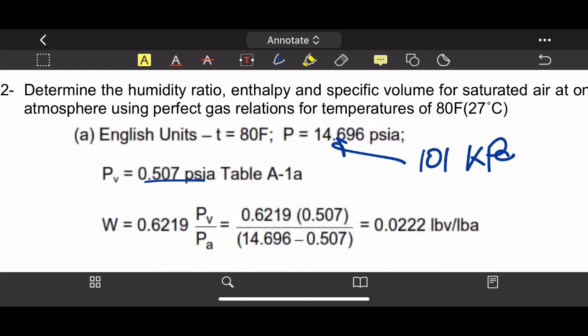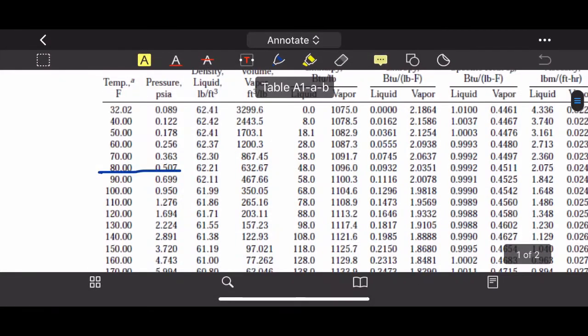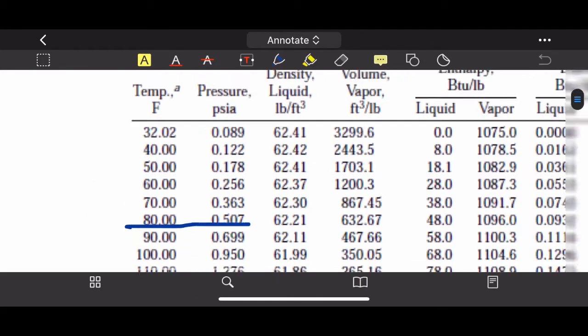So in this case, we need to find PV, which is available on the table. Go to the table, and at 80 degrees Fahrenheit, it is 0.507 psia.